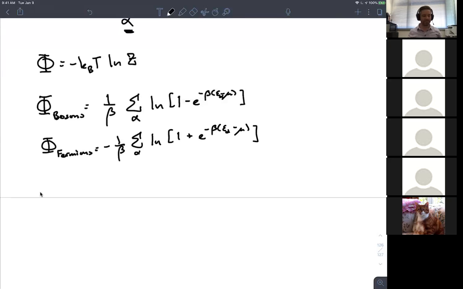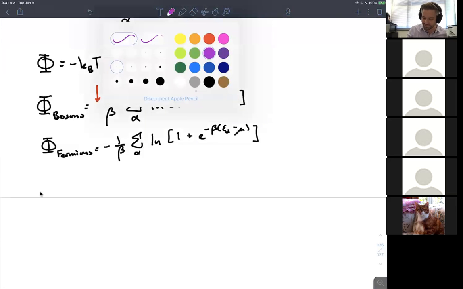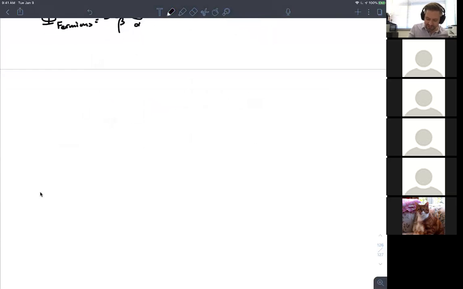There we go. You notice these things look remarkably similar to each other. They look almost exactly the same. The only difference is the sign in front. For bosons, the sign in front is positive, and for fermions, it's negative. And the sign in the middle: for bosons, that's negative, and for fermions it's positive.